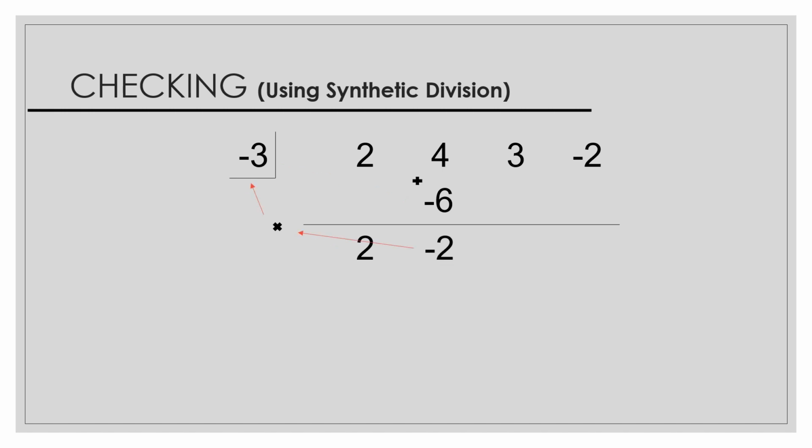Negative 2 times negative 3 equals positive 6. 3 plus 6 equals 9. 9 times negative 3 equals negative 27. Negative 2 plus negative 27 is equal to negative 29. And again, we have the correct remainder.